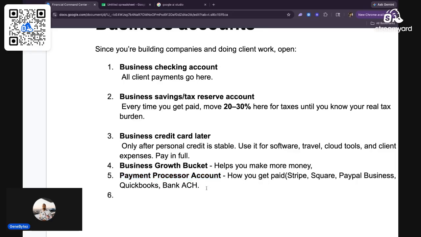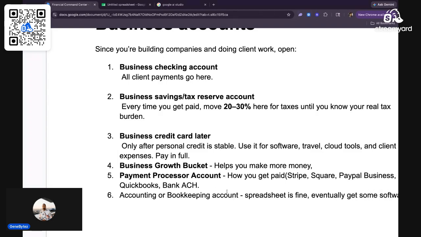Okay. Now moving on to our next main point, you want to have accounting or bookkeeping. A spreadsheet is fine, but eventually get some software. You've got to upgrade.